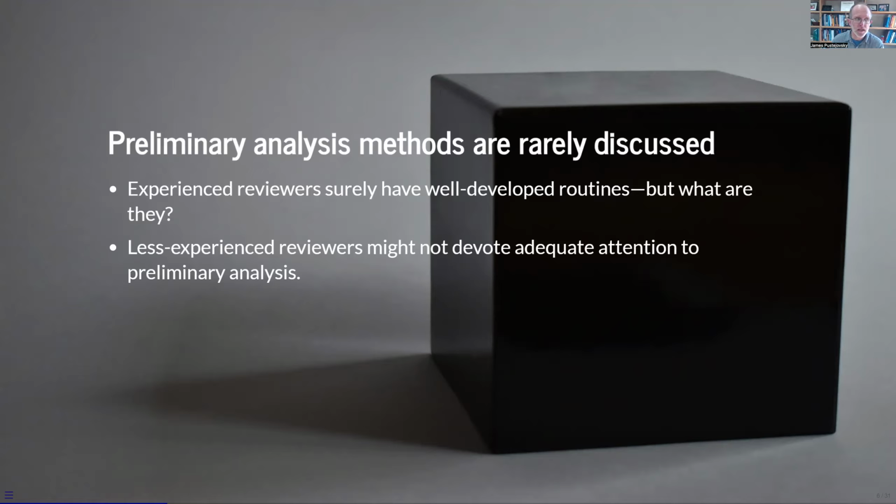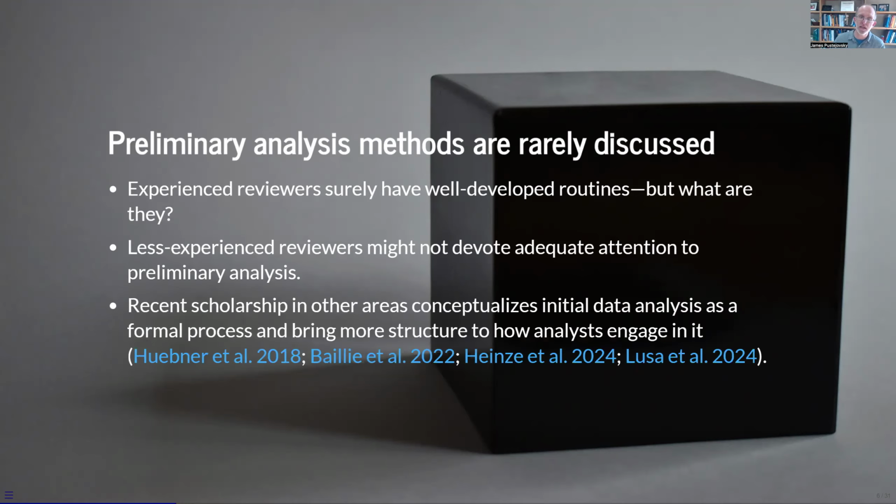And in some senses, it's a little bit weird that there's not a lot of guidance about how to do preliminary analysis in meta-analysis, in the area of research synthesis. There's been some activity in this realm in other areas of methodology, thinking about how to formalize the preliminary data analysis process and put more structure onto how data analysts engage with this stage of an investigation.